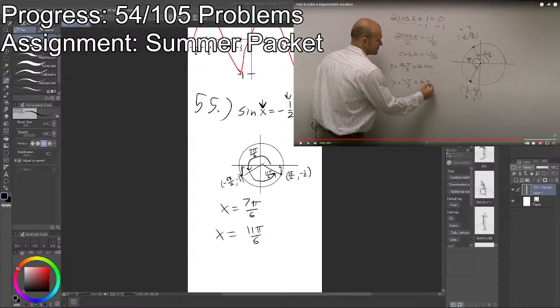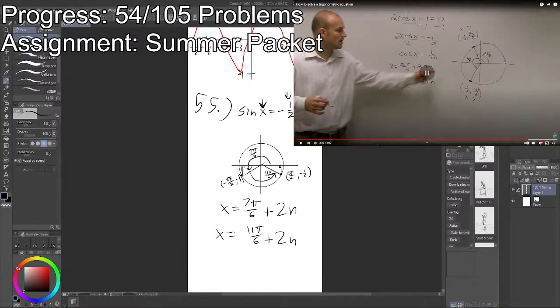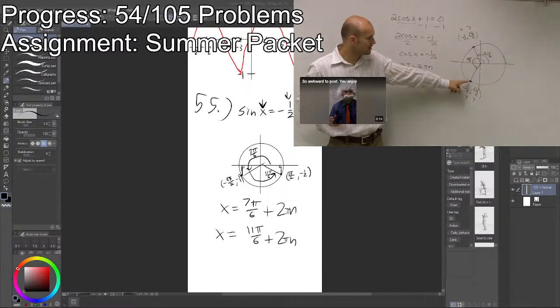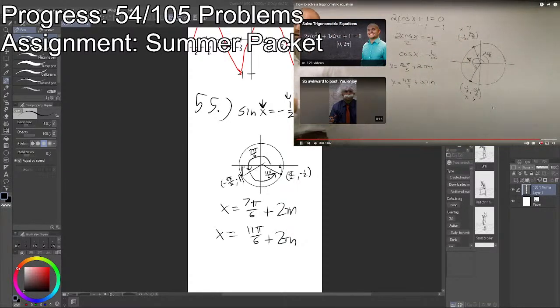Oh, that's so true, actually. I guess n just stands for however many rotations or whatever. Holy, that's smart. What? New shot. 2 pi n. Okay? We're also going to add all the multiples of that answer as well. That also is crazy. Any coterminal angle of 4 pi over 3 is also going to produce you a cosine of x.